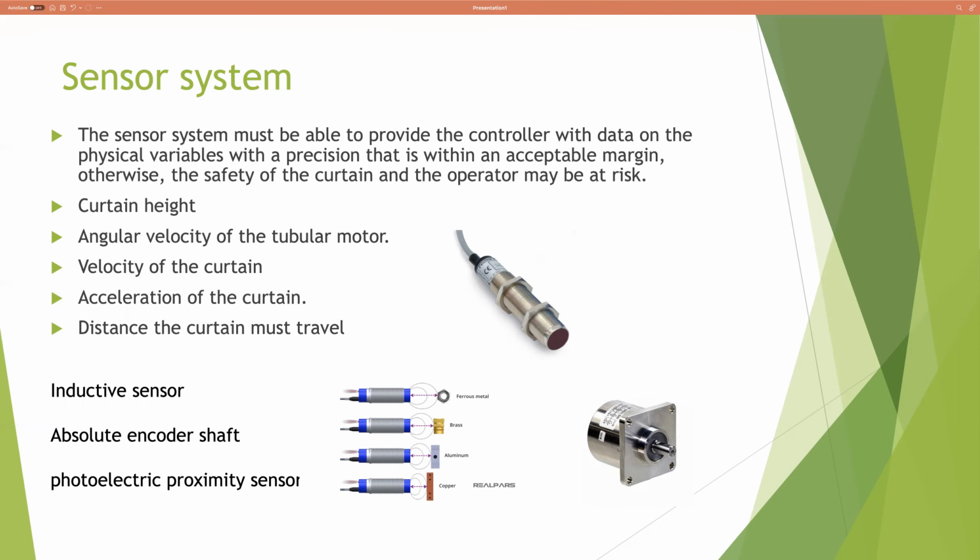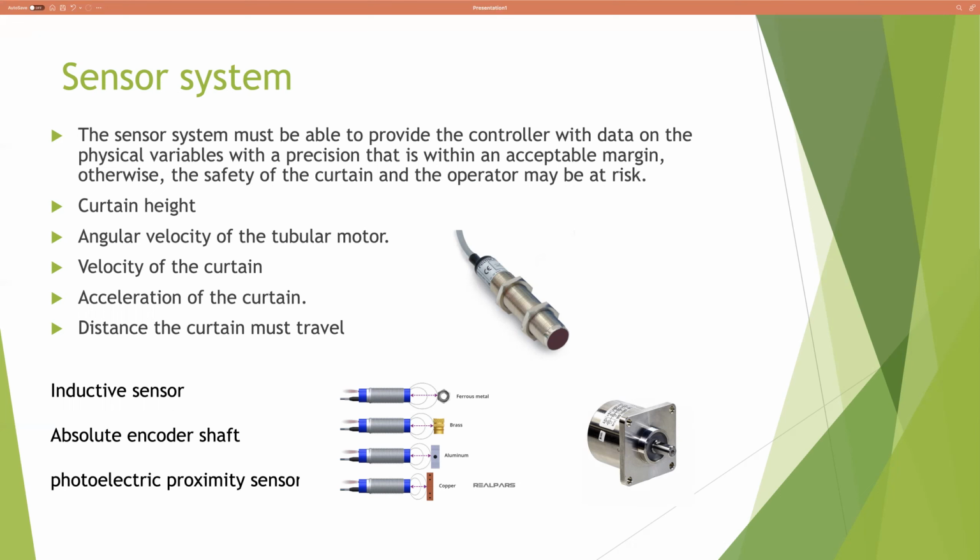And the absolute encoder shaft, we would use that to get the absolute position of our curtain, just more information, and also speed, obviously, because we need to be able to speed it up or slow it down, and the absolute encoder shaft would be great for that. And a photoelectric proximity sensor, basically for safety.